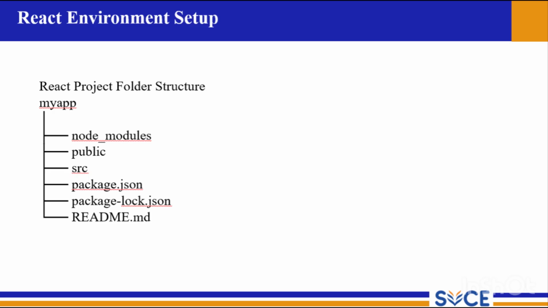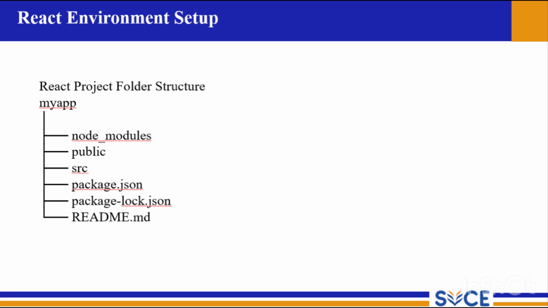The node_modules folder contains all installed packages and libraries. The public folder stores static resources such as images and the main HTML file. The src folder is the most important folder because it contains the application source code.